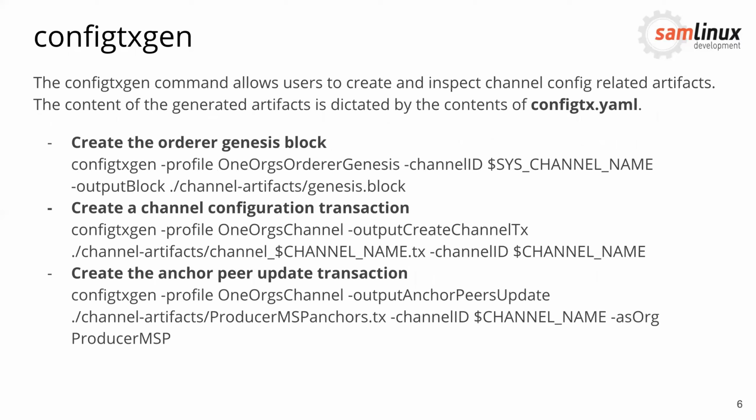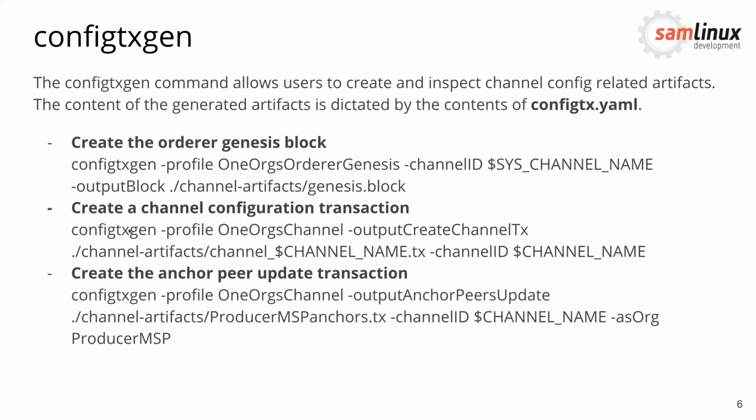And Configtxgen is the next command line tool which we have to look at a little bit, and we have to use it. This command line tool works together with the Configtx YAML file. We need this tool today for 3 different commands. The first is for the generation of the Genesis block, that is the first block in the network.